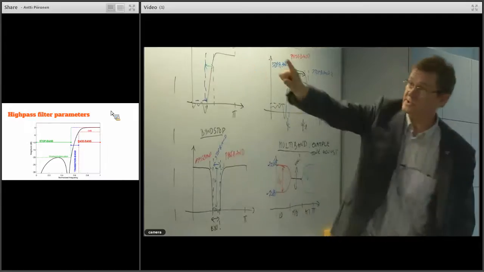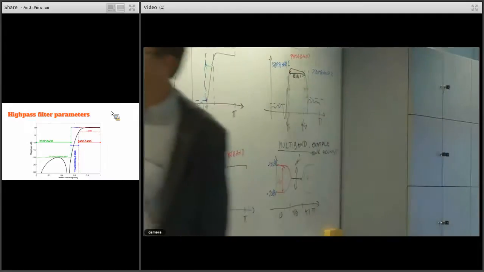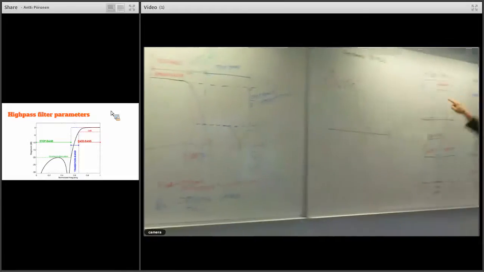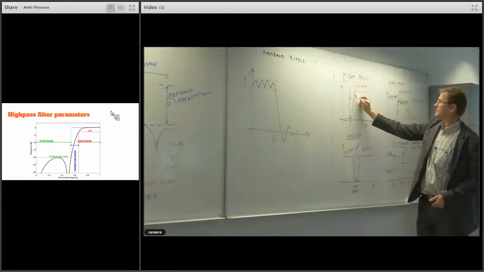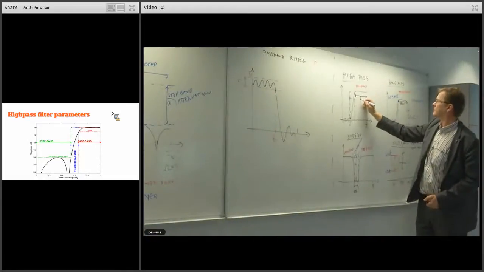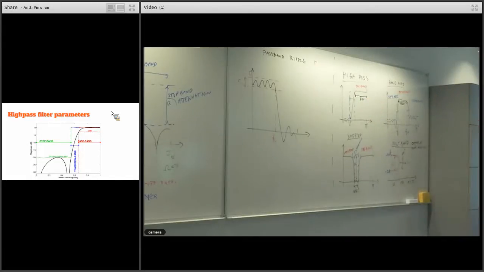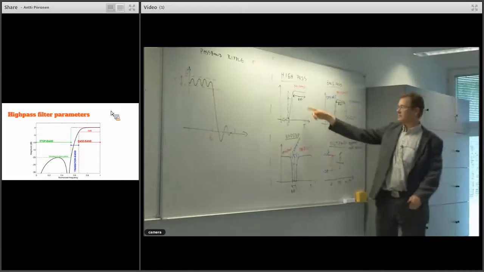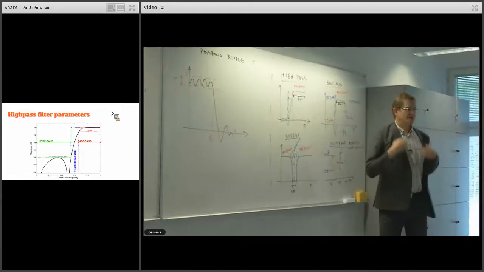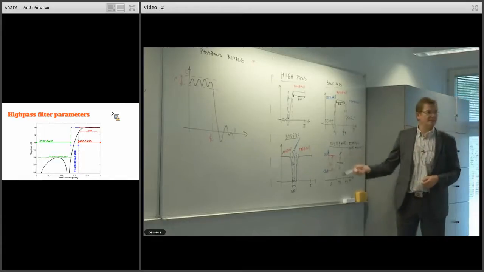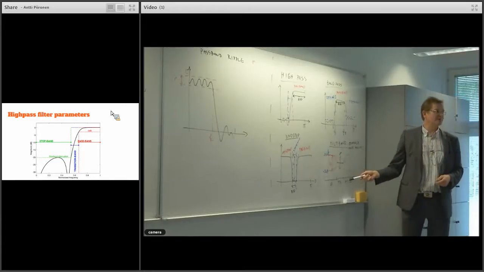For low pass filters, the bandwidth is simply this one here. High pass, the bandwidth is here. Simply, what is the difference between the cutoff and the end frequency? In this one, we would have 3 bandwidths.